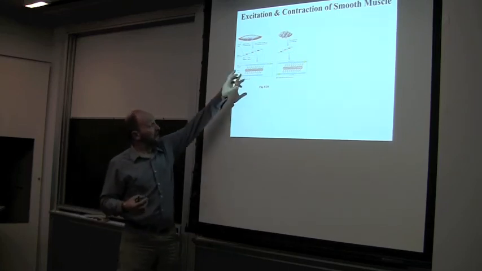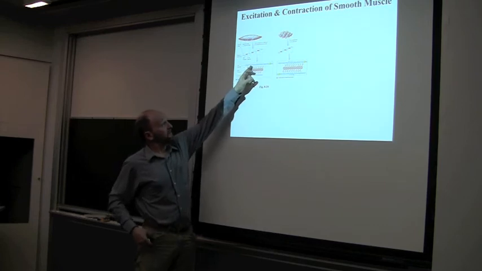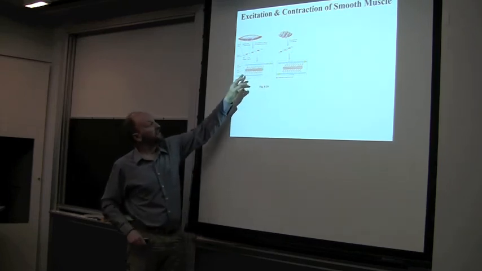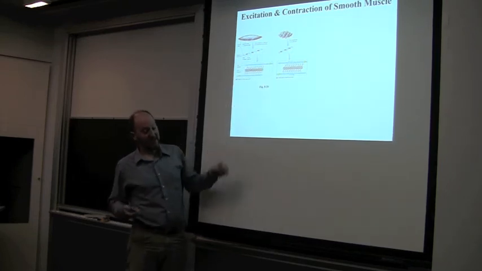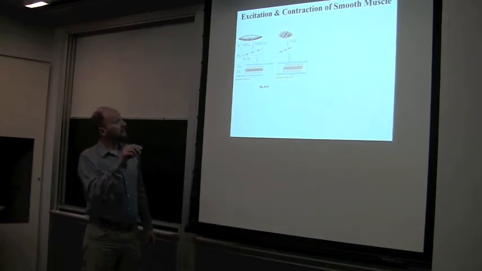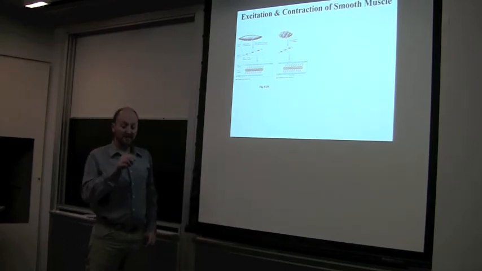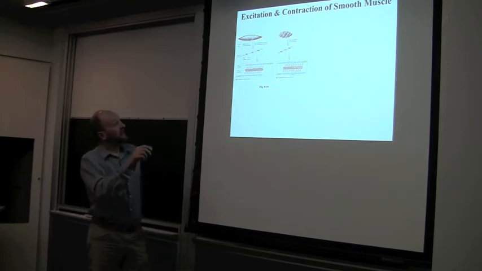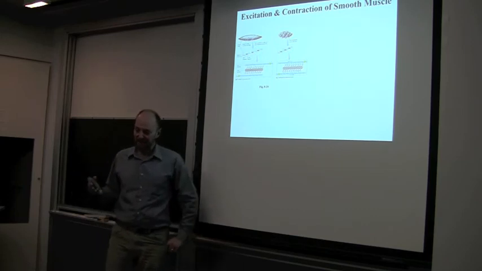We have a similar mechanism of thin filaments that are made up of actin molecules and thick filaments that are made up of myosin molecules. But one big difference is that we don't have troponin and tropomyosin that are inhibiting the thin filaments like we have in striated muscle.